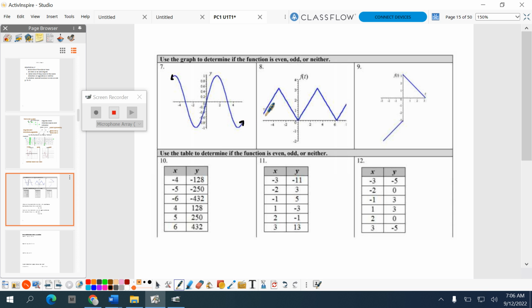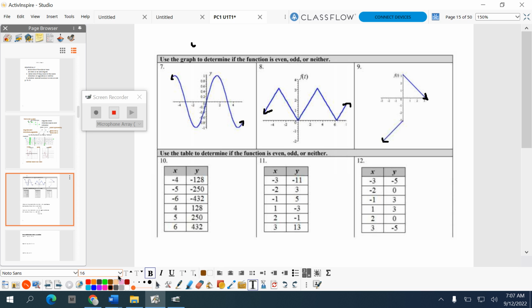Down, up, and down, and down. Okay. So number 7, we're moving in opposite directions, and I would suggest, since it's moving in opposite directions, that this is going to be odd in terms of degree. It's going to be odd in terms of degree.